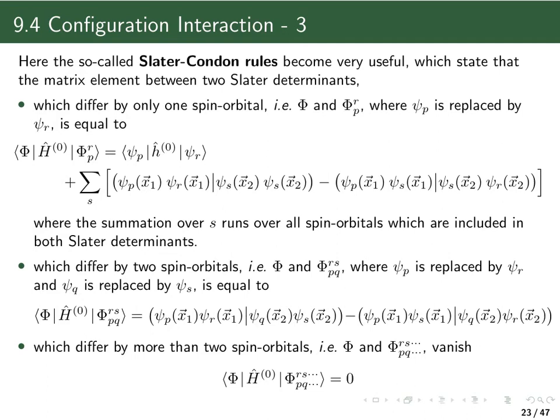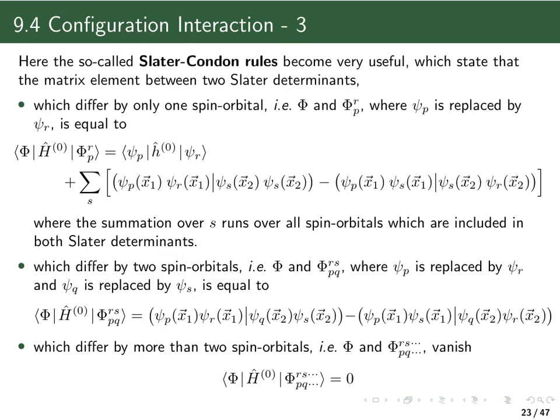The result of this matrix element is just the integral with these two spin orbitals with the core Hamiltonian, and then a sum over all the other spin orbitals which are included in both the determinant in the bra and the determinant in the ket, of the Coulomb and exchange integrals, where we have p and r, and then a sum over the remaining spin orbitals s.